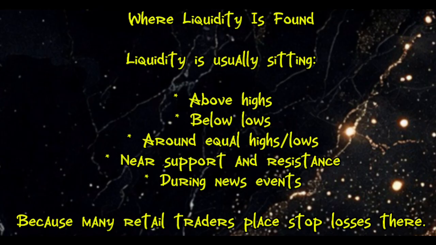But before doing that, let's move forward. You can see where liquidity is found. Liquidity is usually sitting where? Above highs, below lows, around equal highs or lows, near support and resistance, during news events. These are places where liquidity is being spotted, because many retail traders place stop losses there. So it's very obvious.